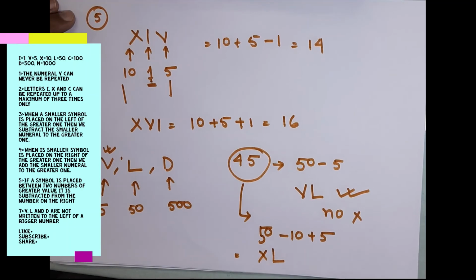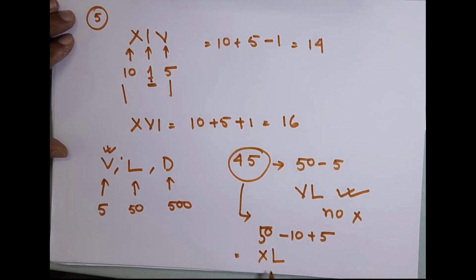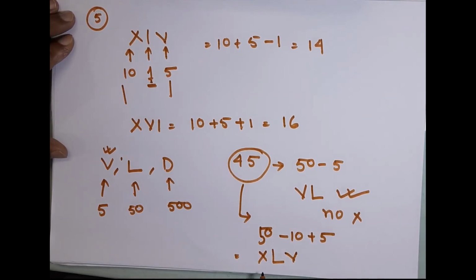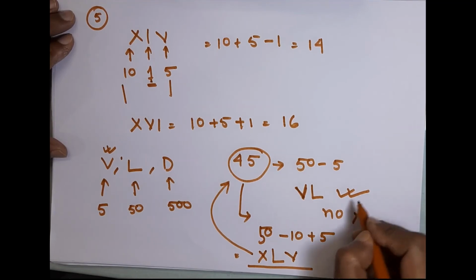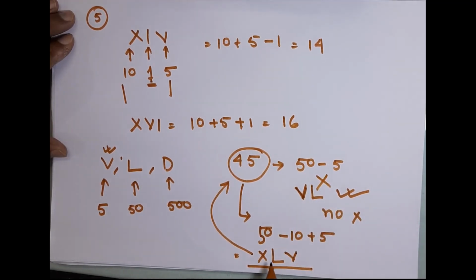So if we write X here, it stands for 50 minus 10, which is 40. Now how do we add 5 to it? We'll add directly 5. So this represents your 45, not VL, not 50 minus 5. So this is how we satisfy our point number 5 and 7.